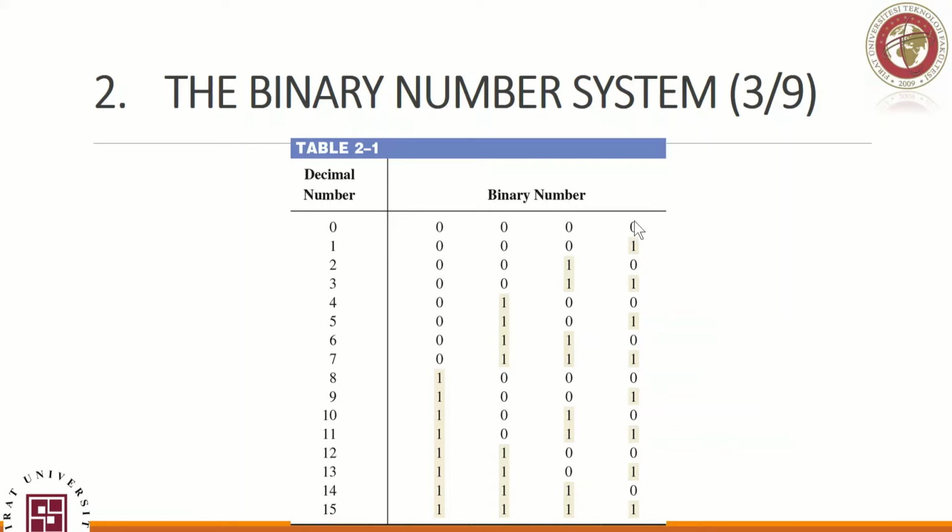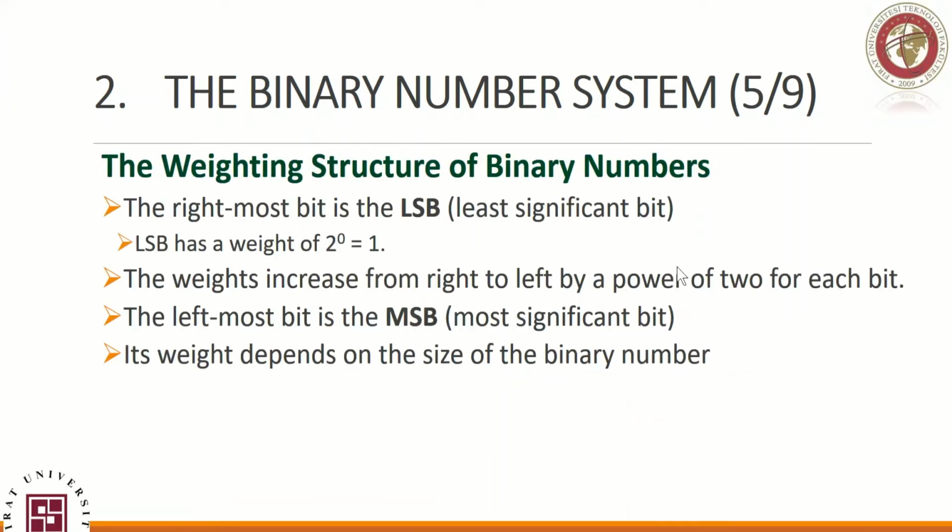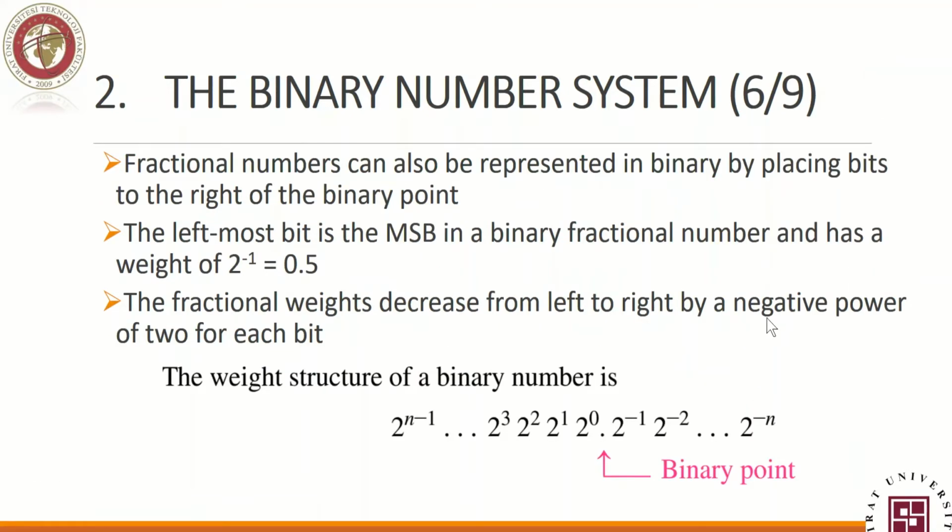Alright, so this is the least significant. The highest bit, which is the leftmost bit, we call the most significant, MSB. This is called the most significant bit, and this is the least significant bit. So MSB and LSB, remember those, we will use them a lot, okay? They determine the size of the binary number, of course, through the positional weight of the bits.